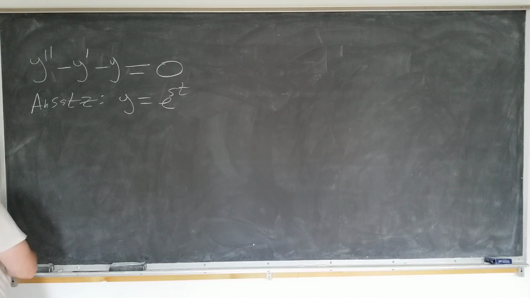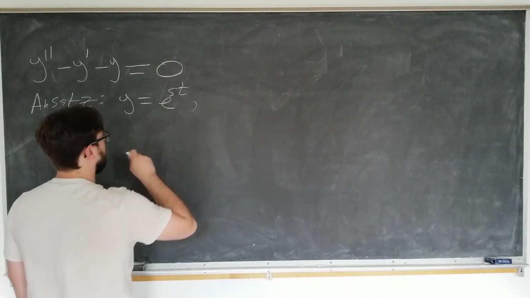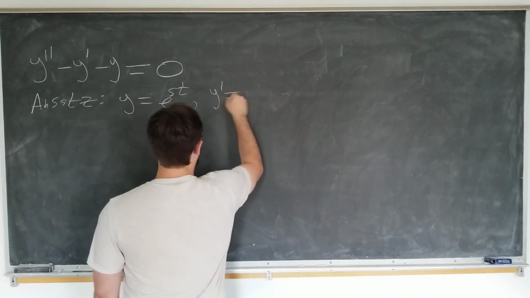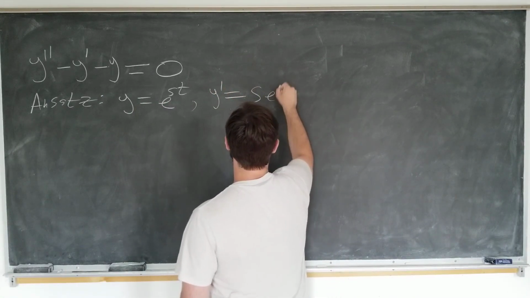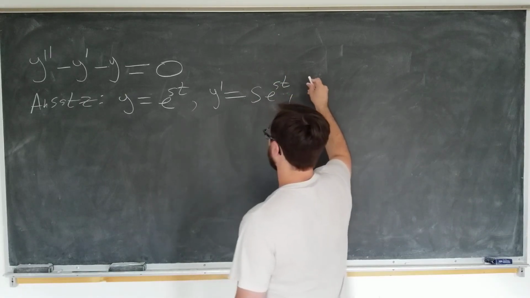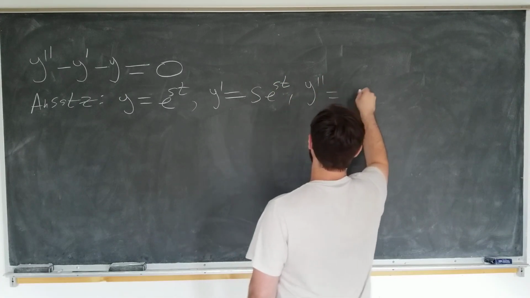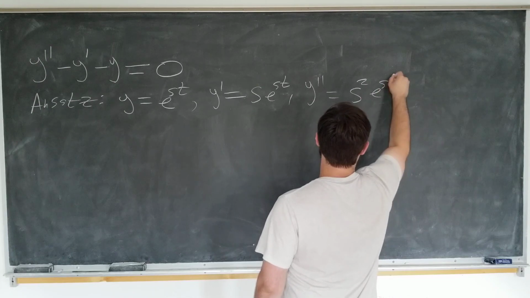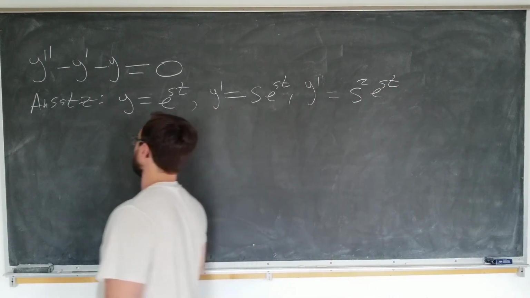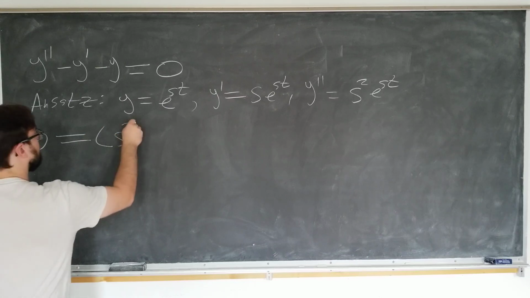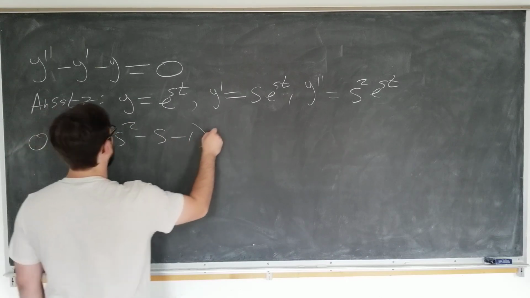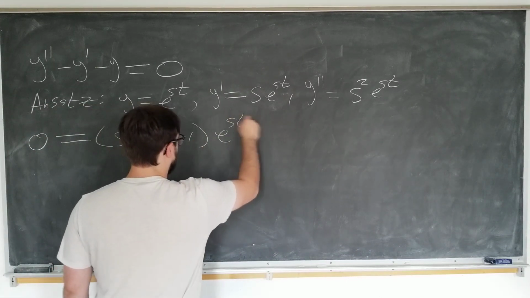Then y prime is s e to the st, and of course y double prime is going to be s squared e to the st. Excellent. This tells us immediately that 0 is equal to (s squared minus s minus 1) e to the st.